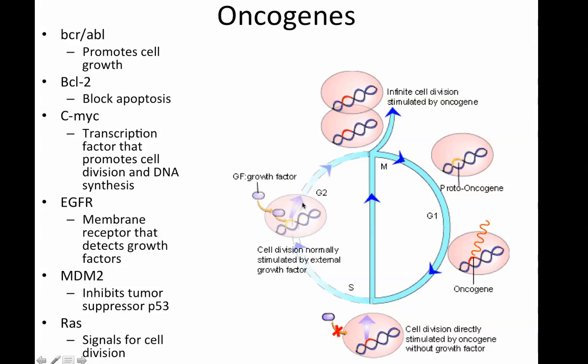They send a signal transduction message through the cell, and eventually that cell will turn on a series of proteins that are going to tell the cell to divide. And so we'll go through those steps of G1, S, G2, and then mitosis, and we'll have cell division.